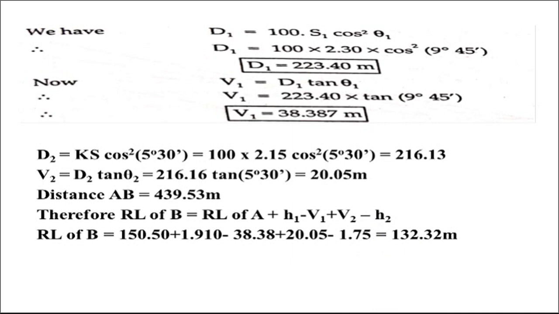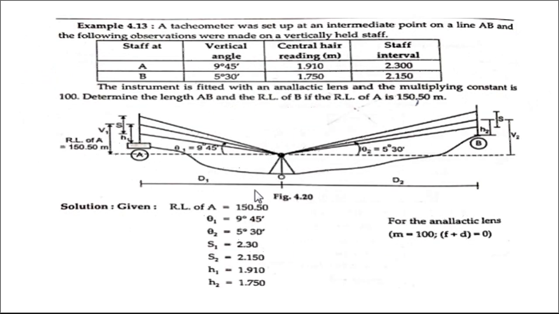Again see the figure. RL of A is given and we want to find out RL of B. Okay, so RL of A, 150.5, plus this H1, the central hair reading, plus this V1, we will get the RL of the horizontal line of sight.